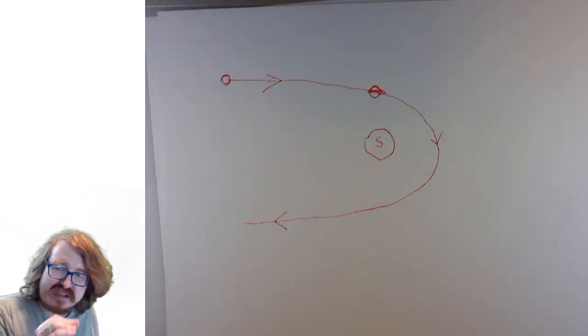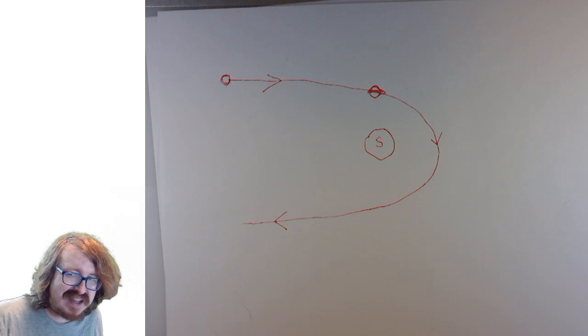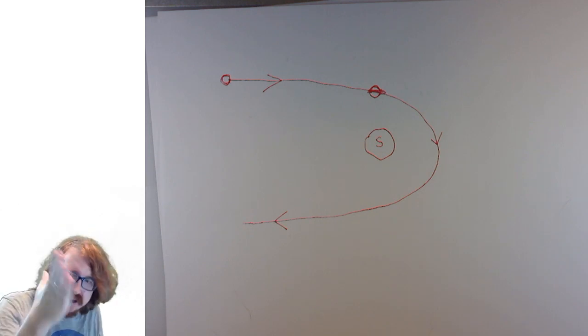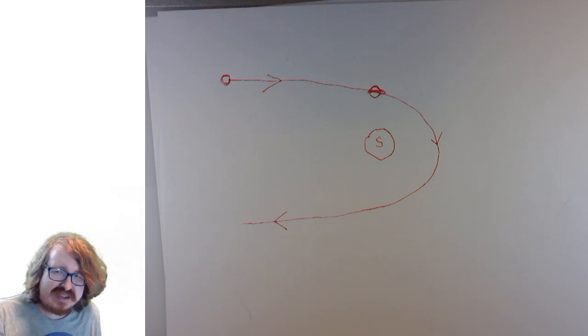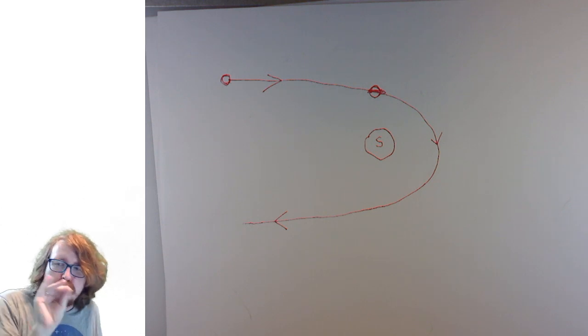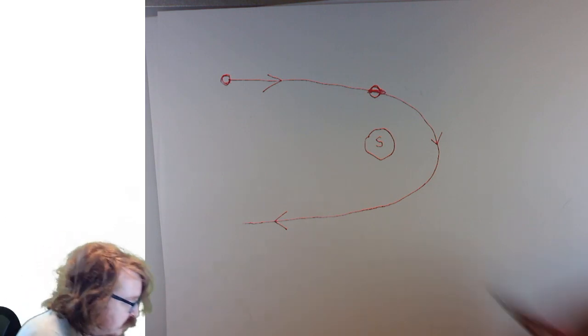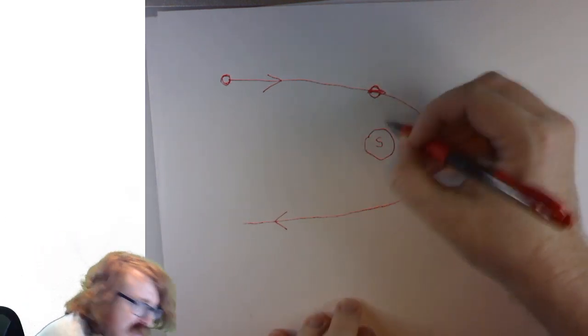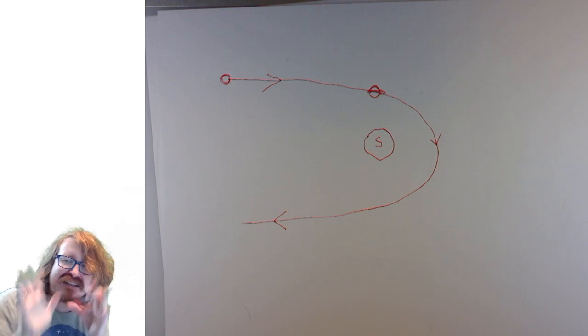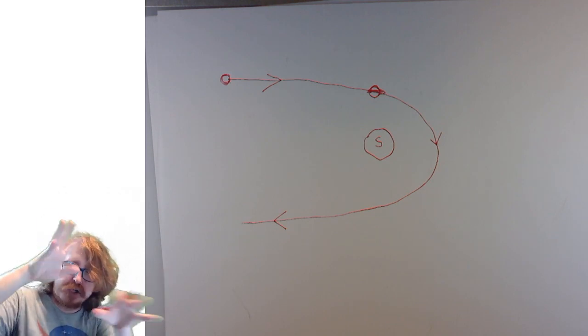Now, here's the thing. We haven't talked about the sun yet, but one of the things that the sun has is something called the solar wind. And we'll talk more about that when we talk more about the sun. But the sun is constantly blowing gas outwards in all directions.